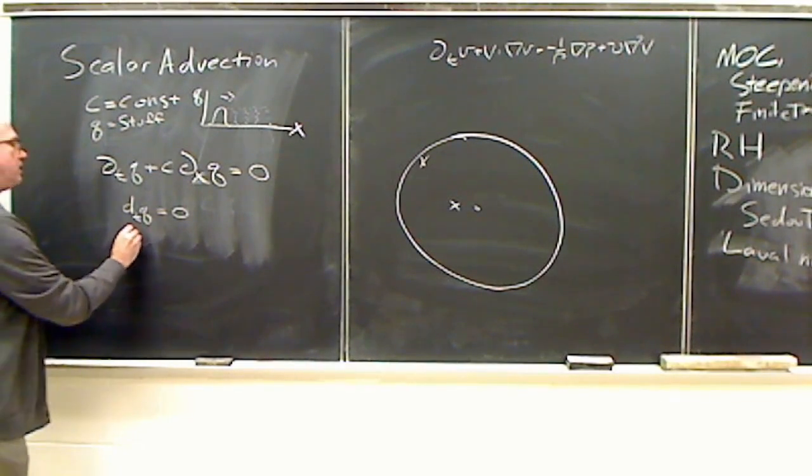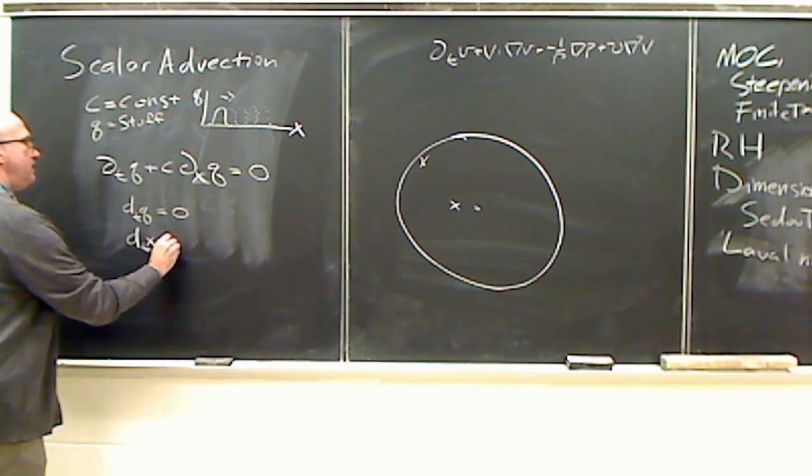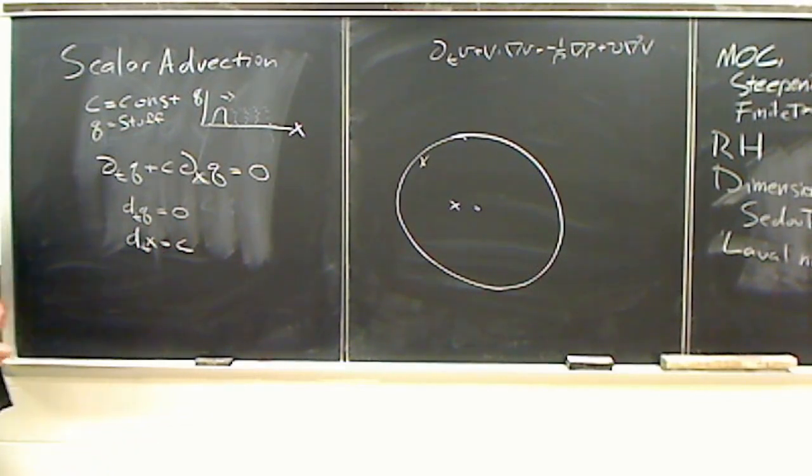And dx by dt equals c. Does that make sense? So these two things are saying the same thing. This is just chain ruling this guy, knowing that this is true. So maybe this is how we got the first equation. Maybe it's not. Maybe we go backwards. This is the equation that I'm starting with, and I can see that this is true, and I can see that this is true. Now these are both ordinary differential equations.